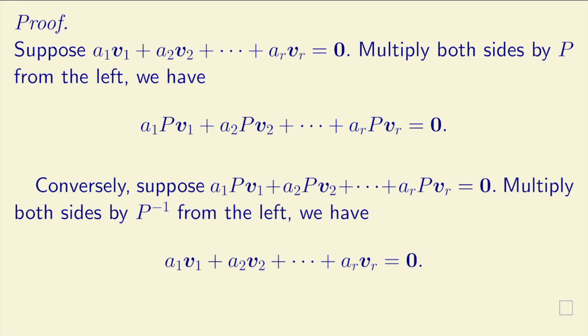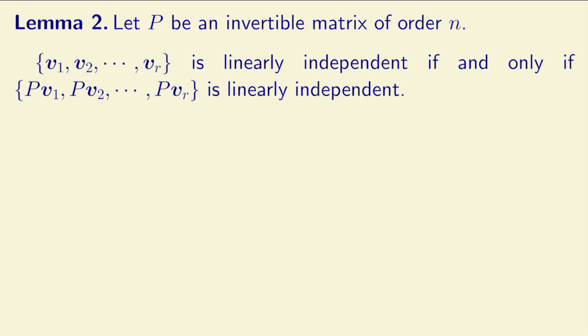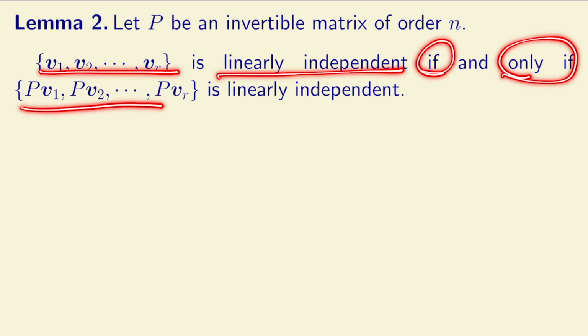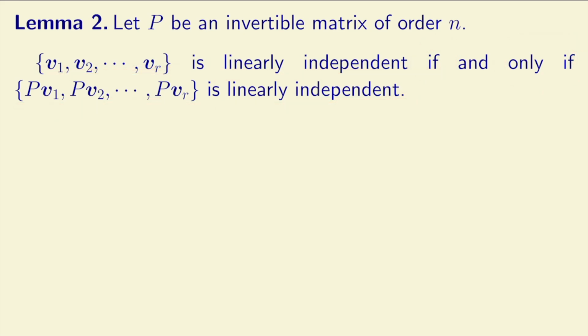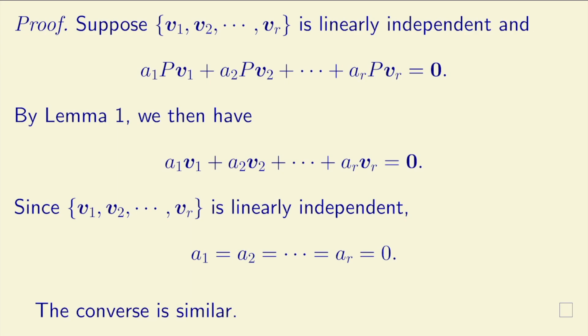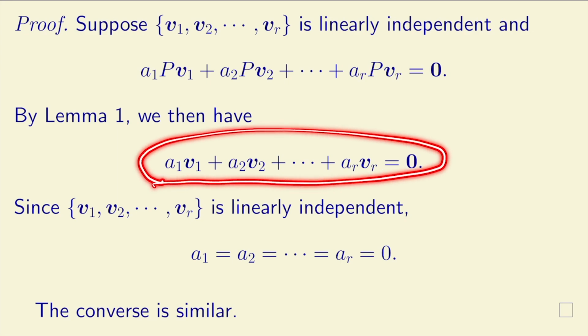You got it. And that's exactly what the next lemma says, which is really just a restatement of the first one. A set of vectors is linearly independent if and only if the set of those vectors multiplied by P is also linearly independent. The proof is on this page. It's simple, right? If we assume v1 through vr are linearly independent, and we have a linear combination of the Pvi's that equals 0, then by lemma 1, the linear combination of the original vi's must also be 0.